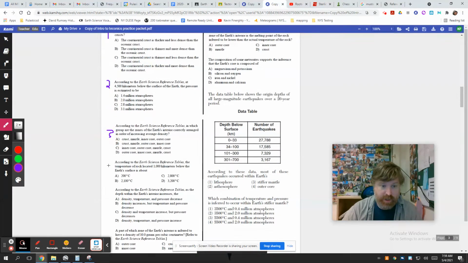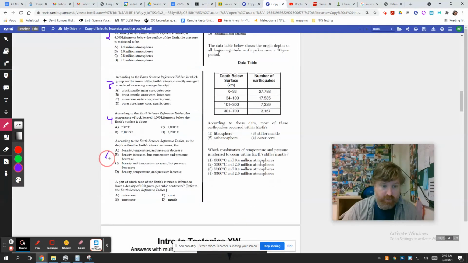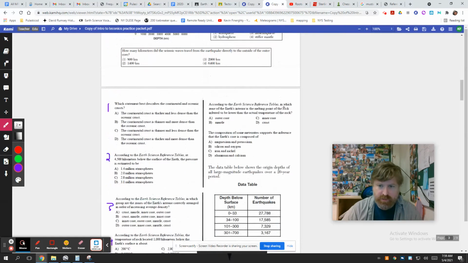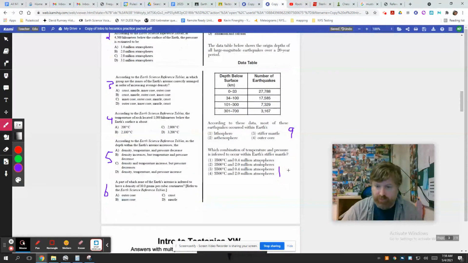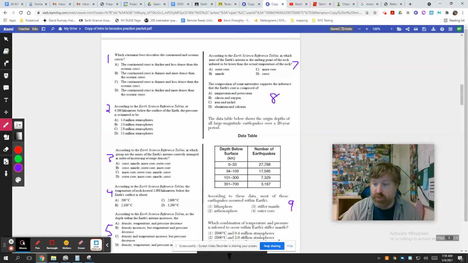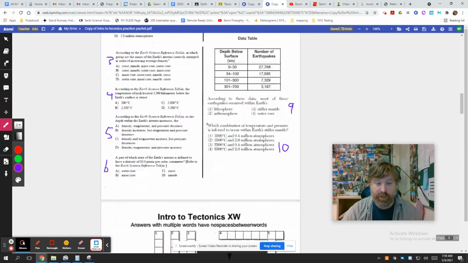So 1, 2, 3, 4, 6, 7, 8, 9, 10. Write those in there if that helps. If not, don't worry about it. If you can just go in order. So you'll do those 10 questions, do them on here or whatever works for you, and then I'll have a Google form where you'll plug in the answers.